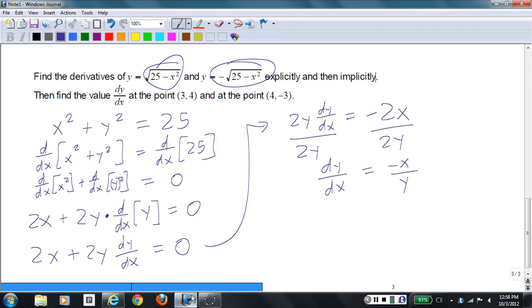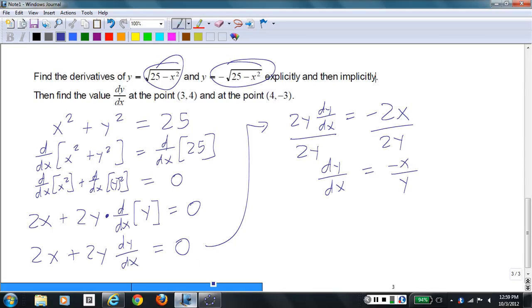Well, if we did x squared plus y squared equals 25, and we found dy/dx was equal to negative x over y, what would we have gotten if it had been x squared plus y squared equals 16? Same thing. What about x squared plus y squared equals 9? Same thing. X squared plus y squared equals any positive number, basically, to give a circle with any radius that you want, negative x over y would give the slope of the tangent line.